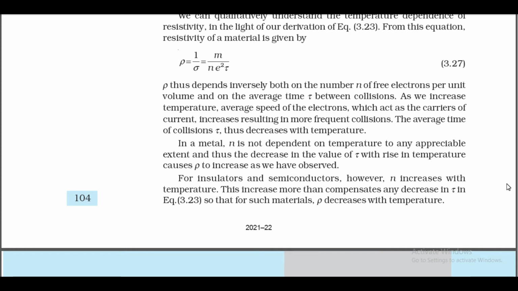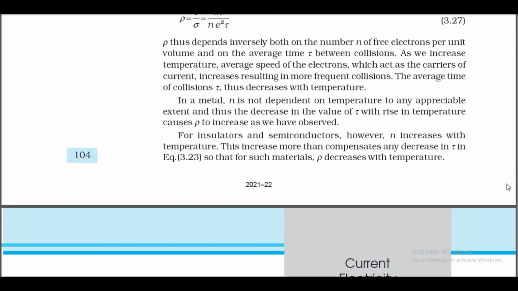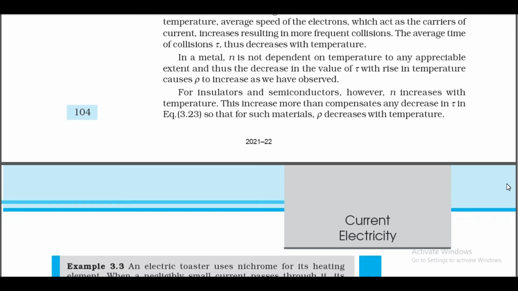As we increase temperature, the average speed of the electrons which act as the carriers of current increases, resulting in more frequent collisions. The average time of collisions τ thus decreases with temperature. In metals, n is not dependent on temperature to any appreciable extent, and thus the decrease in the value of τ with rise in temperature causes ρ to increase as we have observed.